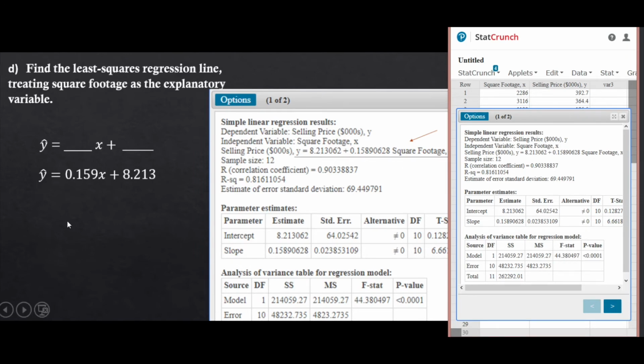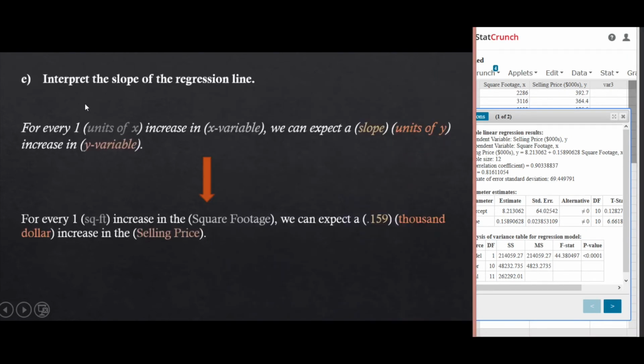So here, for example, if we wanted our line reported in the y equals mx plus b form, rounded to 3 decimals, we would write y hat equals 159x plus 8.213. Alright, next we're asked to interpret the slope of the regression line. Many problems will ask you to also interpret the slope of your line, and there's a format to follow when answering.